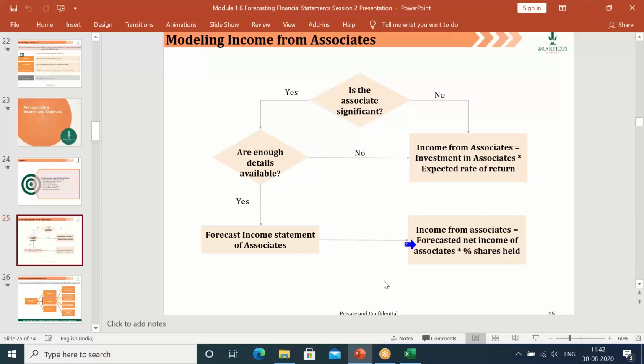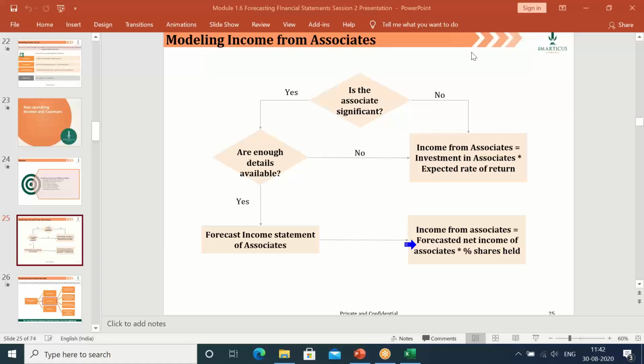Yes, sir. We just have the two scenarios. One is we can forecast, and one is we can take the expected rate of return. So what if we do not have both of these things, like if our investment is into a new venture, a new startup?